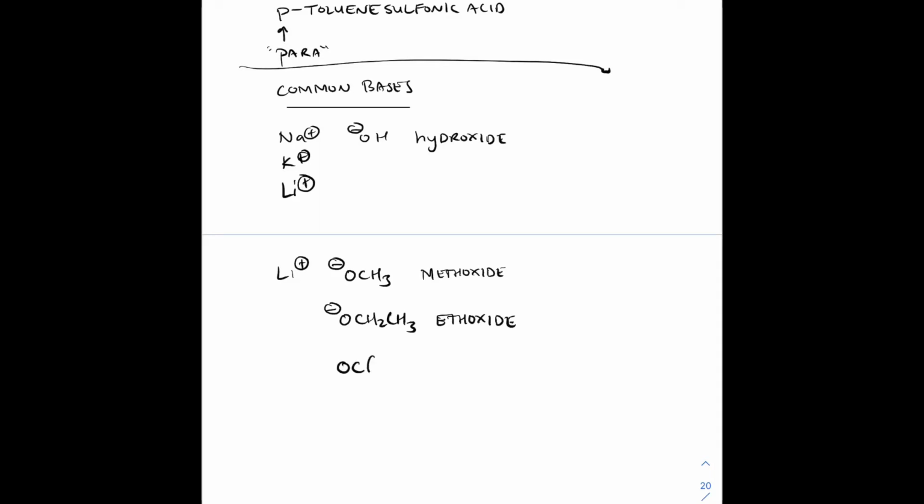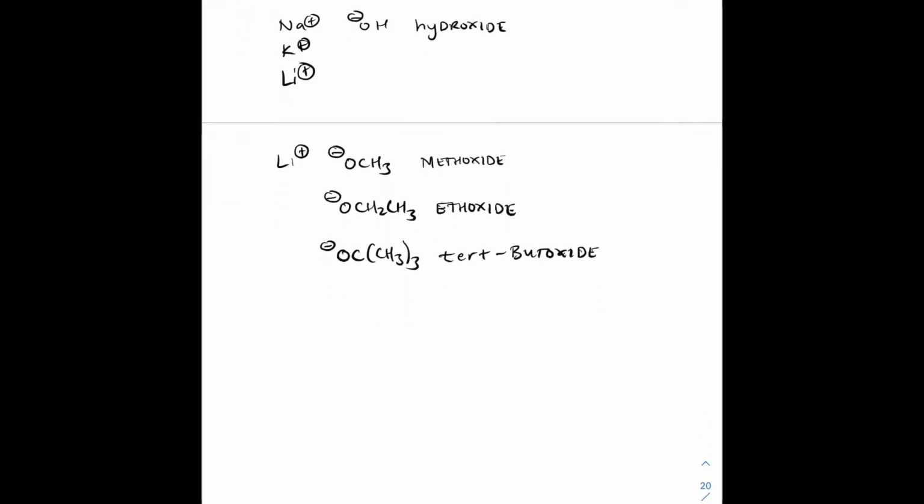Or we could have something that's really common and also really important. You should get to know this structure really well. This is called tert-butoxide, and it's OC(CH3)3. Okay, so let me draw this structure out for you so you're familiar with what it looks like.